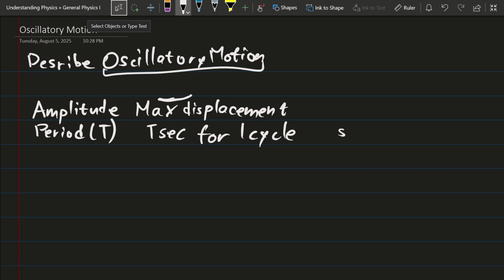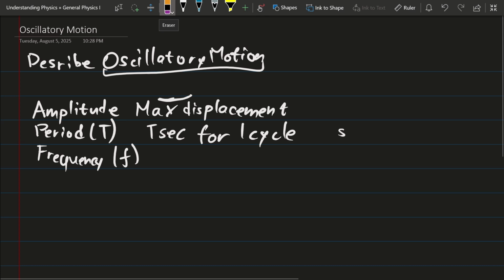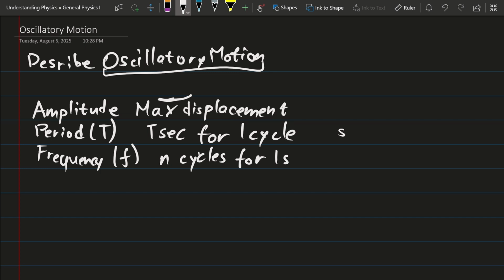And also, you could describe this by using frequency. And so basically the period and the frequency are related to one another. So what is the frequency? The frequency is basically the amount of cycles for one single unit of time.